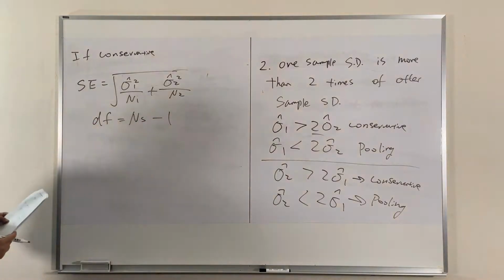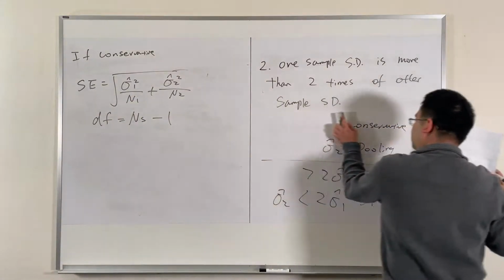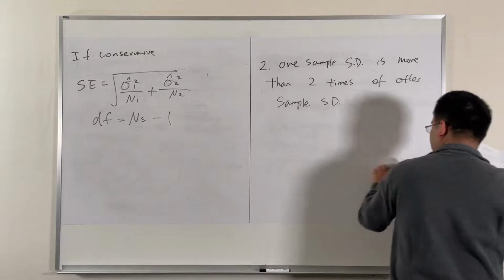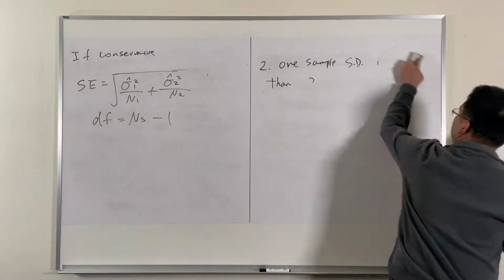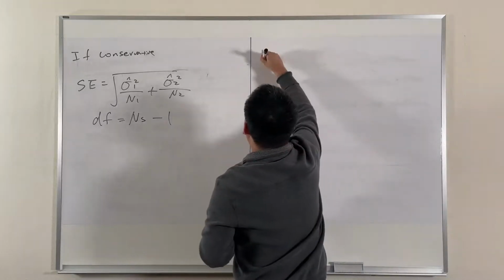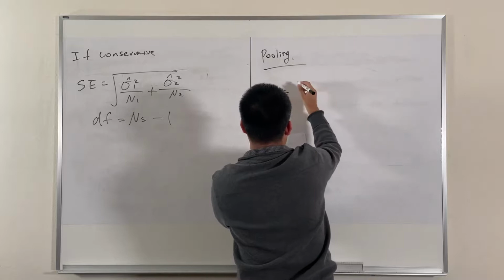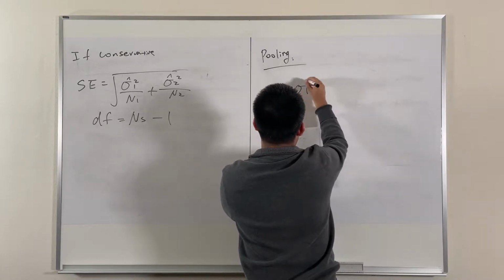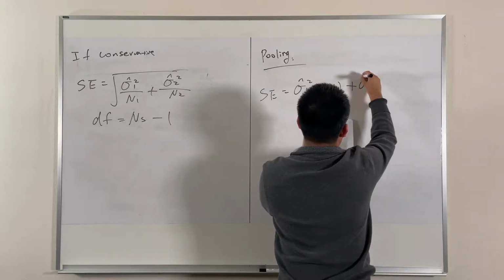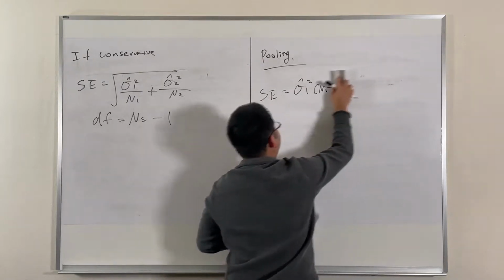Okay. And then for pooling, let me switch to this side. For pooling, we have the standard error equal to... I think I'll need a little bit more space.